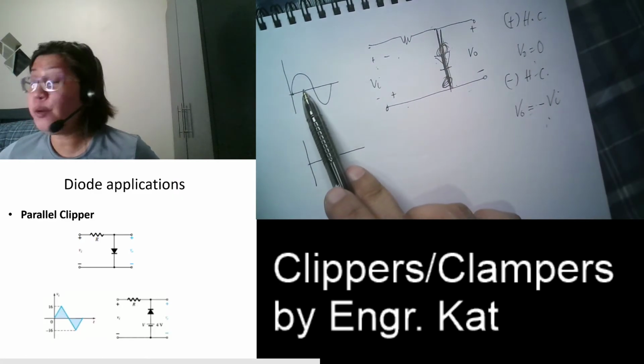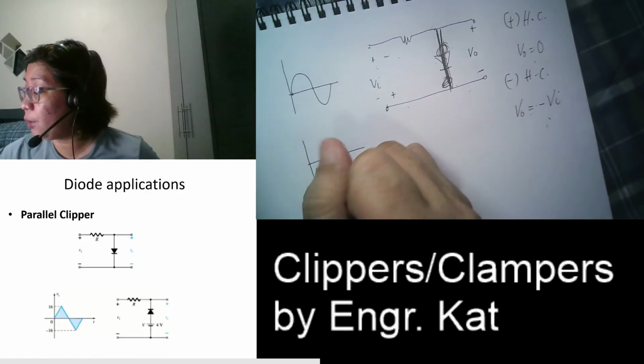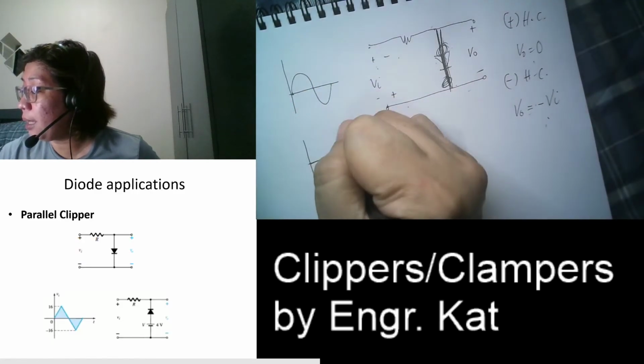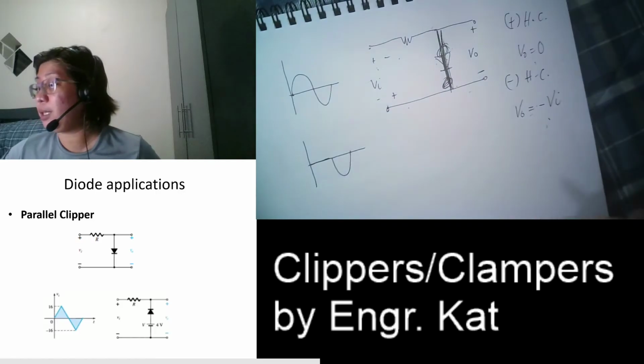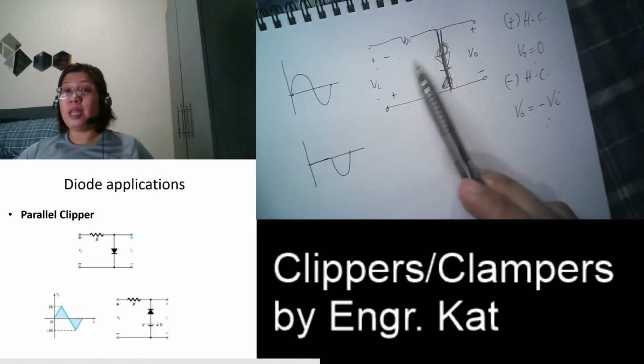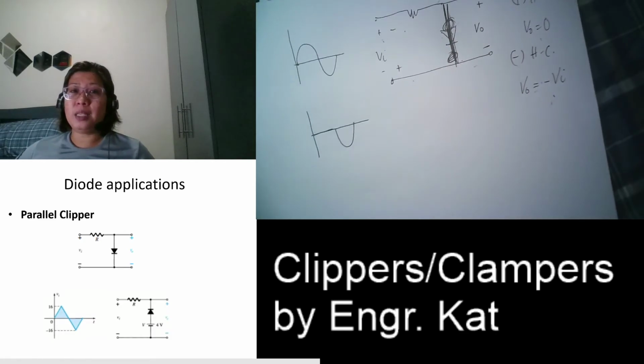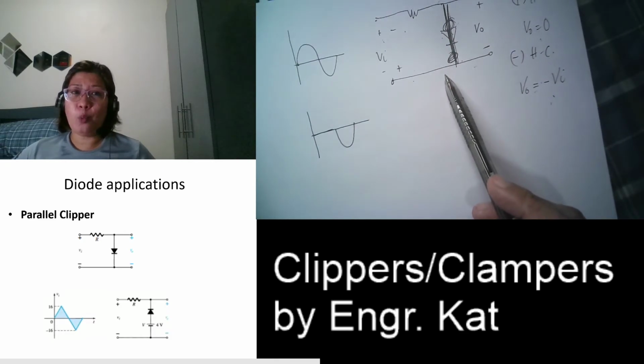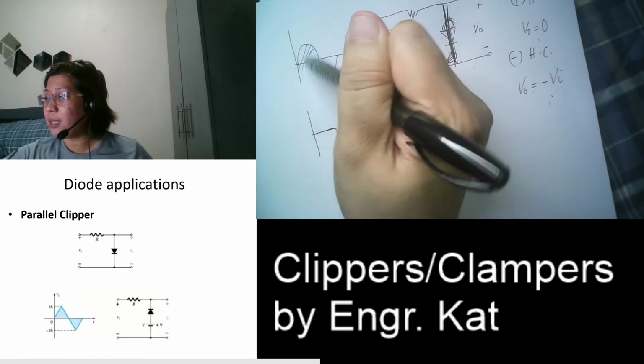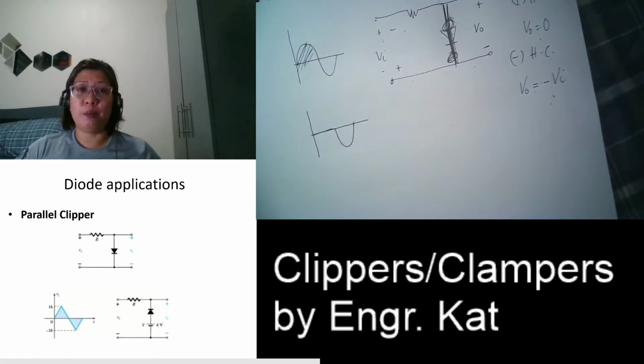So if we have here your positive half, this is equal to 0, and then negative, that is your output. So this is what you can see in the output side. In this case, this is a positive clipper. Why? Because a portion of the positive half cycle was being removed.